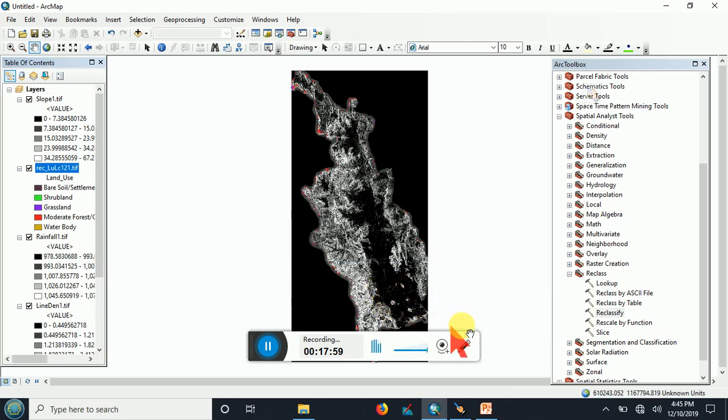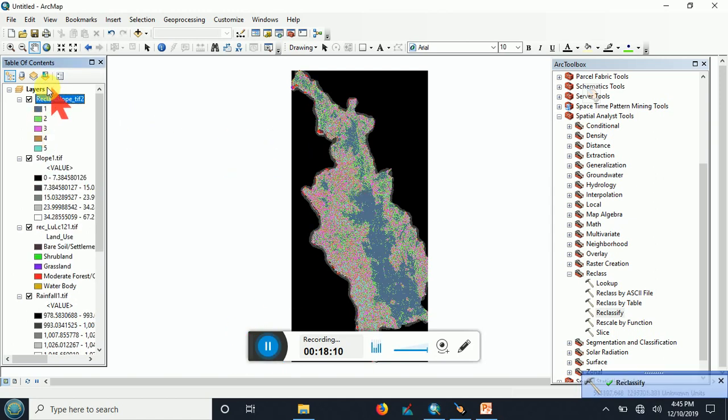I think it's just working. Yeah, now we have the reclassified slope. We have the original slope, and now we have the reclassified slope value.